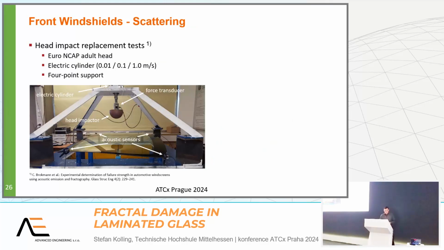So therefore, we measured head impacts on windscreens with velocities in quasi-static and up to 1 meter per second. 4-point support, so it's not exactly what happens in a car, but 4-point support allows for a better understanding of what happens.